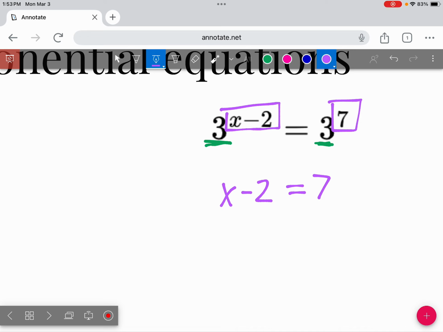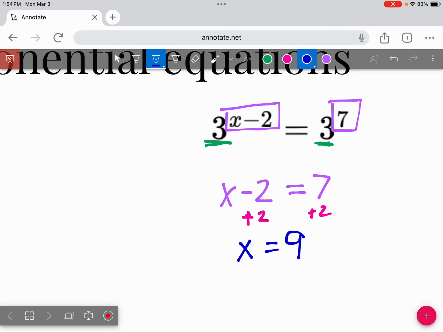And we can put it back in and test it. Because what do we do to finish this out? Well, that would be testing. How do I get x by itself? Add 2. Plus 2. Finishing solving it.